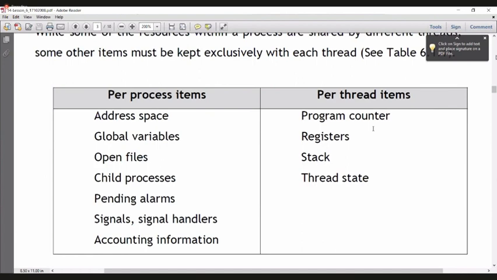What is the stack? You keep the history of execution there, and the thread state, whether it is in the running state, blocked state, and so on. But it doesn't need the other controlling things, because they are handled by the process.